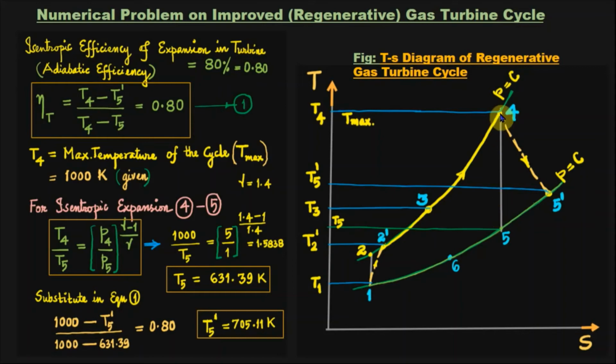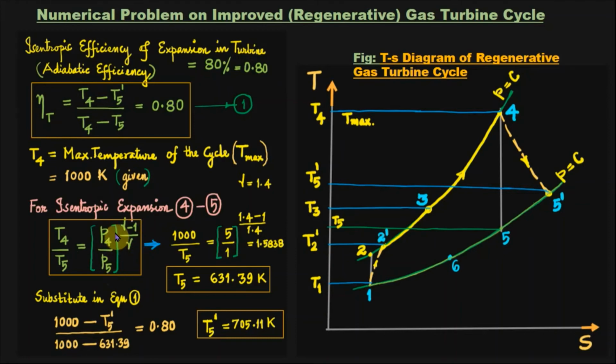The temperature ratio T4 by T5 will be equal to the pressure ratio P4 by P5 raised to gamma minus 1 by gamma, where gamma is the ratio of specific heats, which for air you can assume is 1.4.